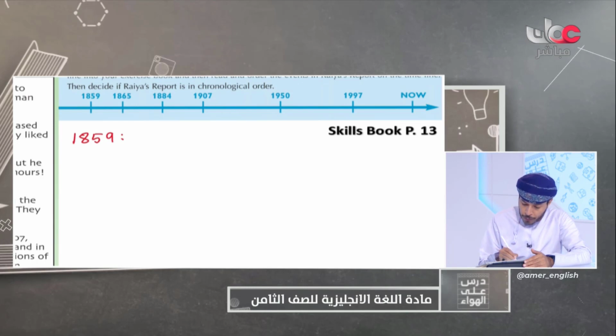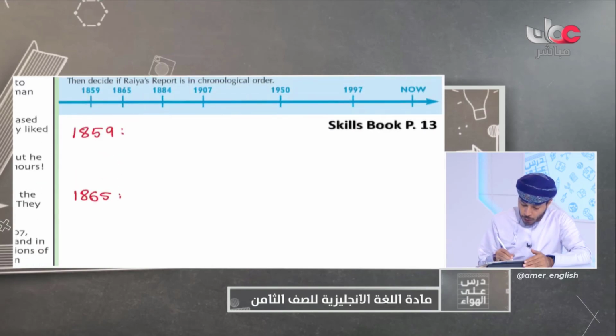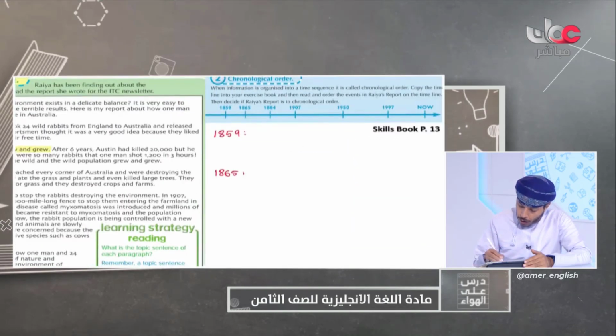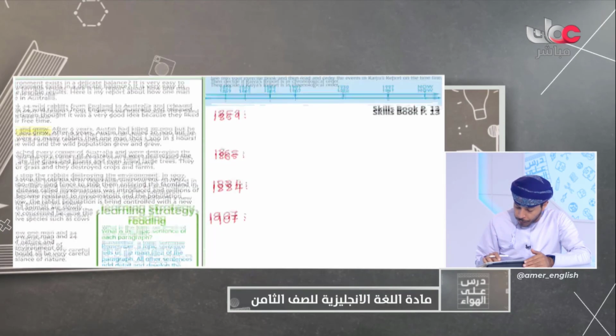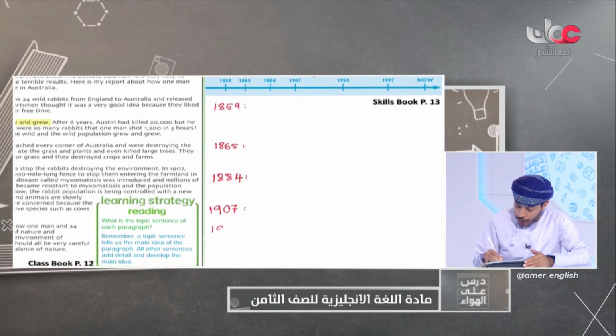Also we have 1865. We have also 1884, 1907, we have 1950, we have 1997, and we have now.